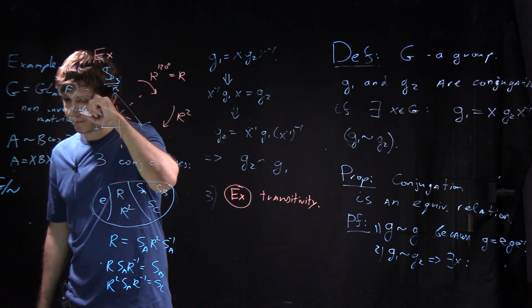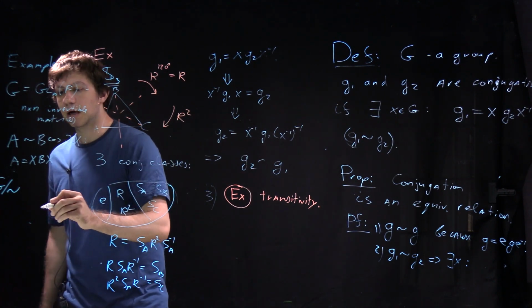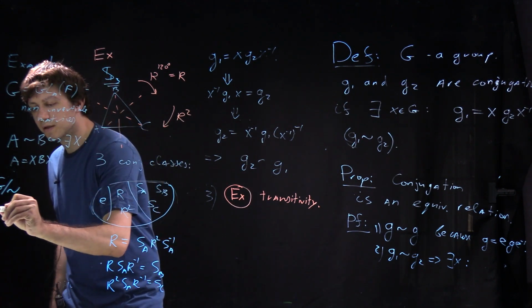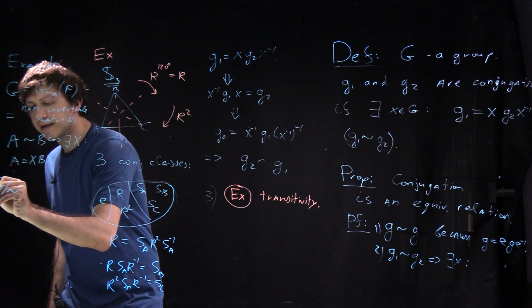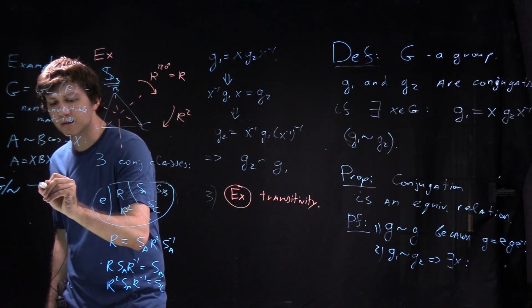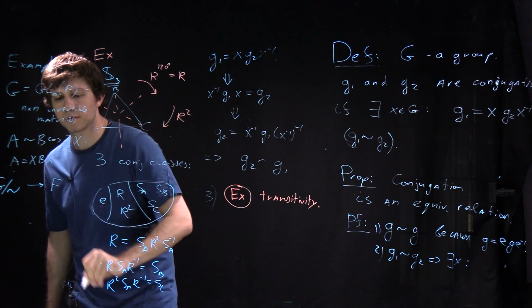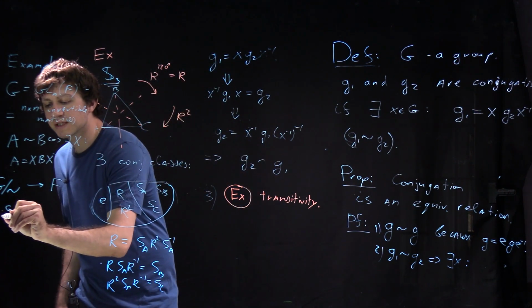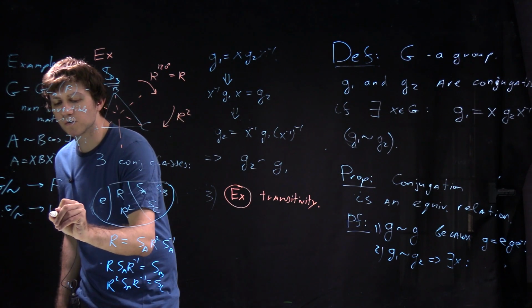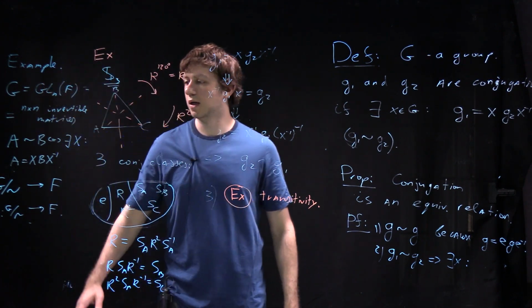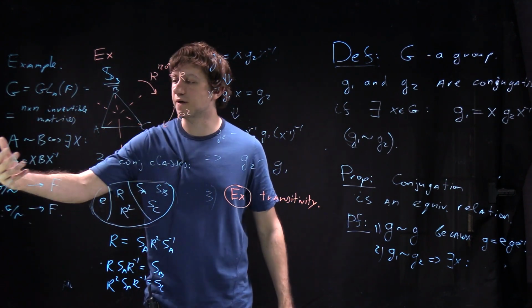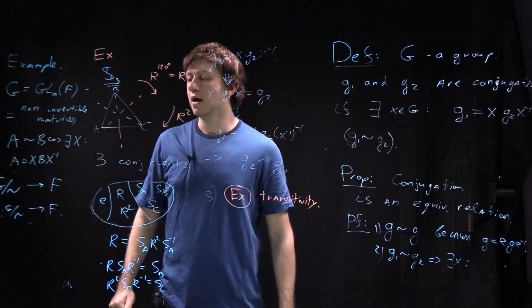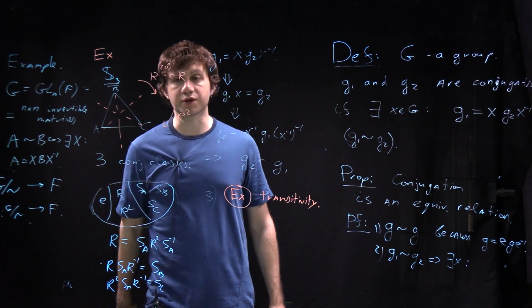So for instance, let's say determinant of a matrix is a function from the set of equivalence classes to F. Or for instance, trace is a function from the set of equivalence classes to F. So determinant and trace are these functions on the set of equivalence classes, and this is very interesting.